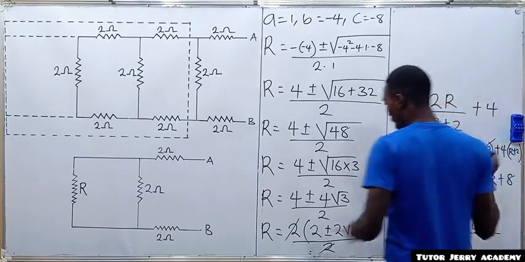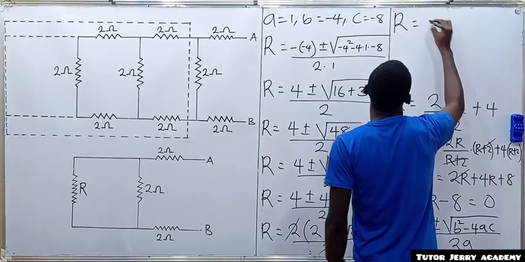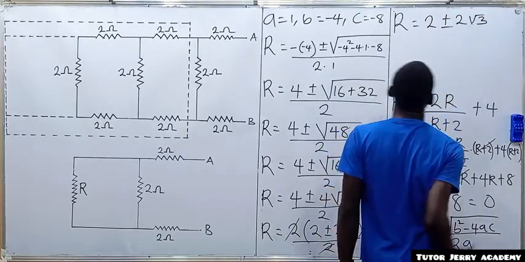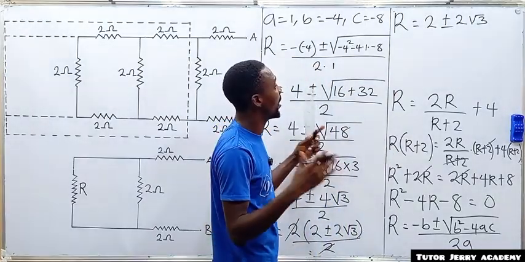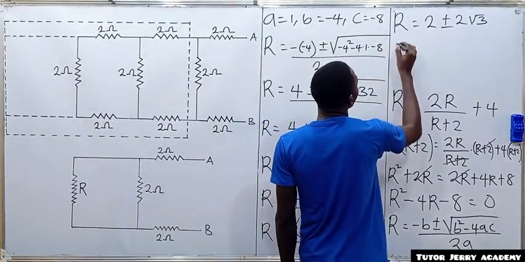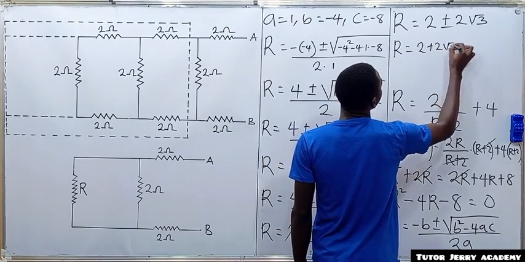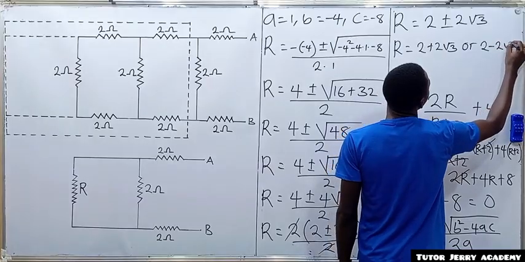All right, so our R will be equals to 2 plus or minus 2 root 3. All right, so we can write this in two ways. That is, R is equals to 2 plus 2 root 3, or 2 minus 2 root 3.